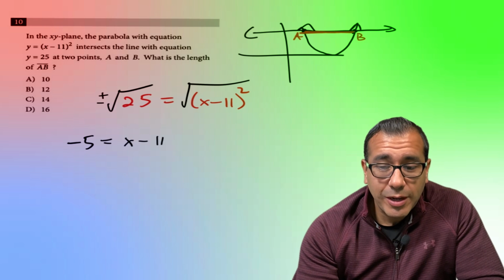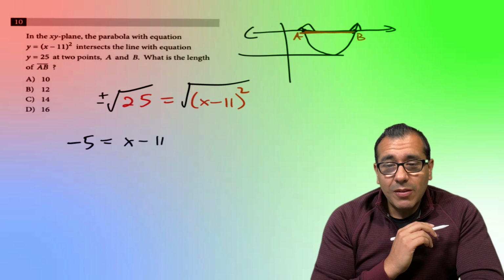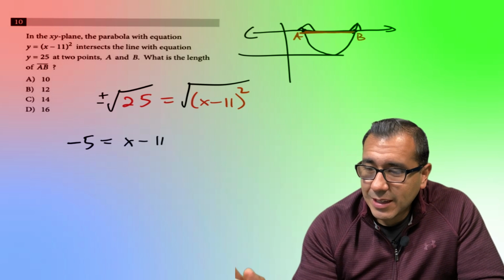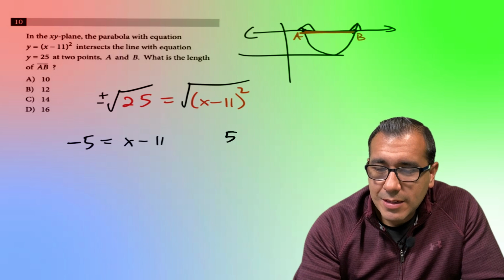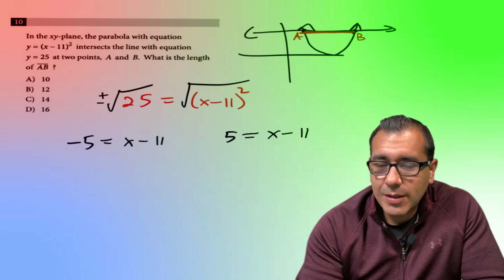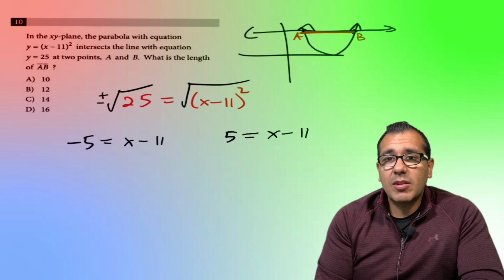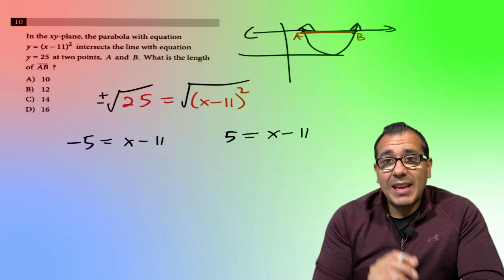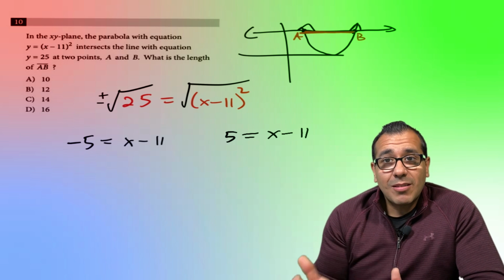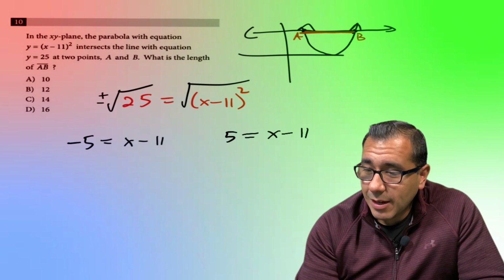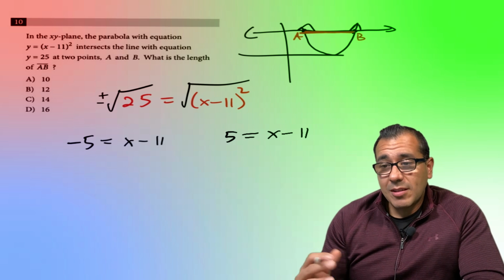This is one of our equations, and it's going to give us one of our x values. Our second equation is positive 5 equals x minus 11, and that's going to help us get our second x value. And again, that's all we need is our x values.